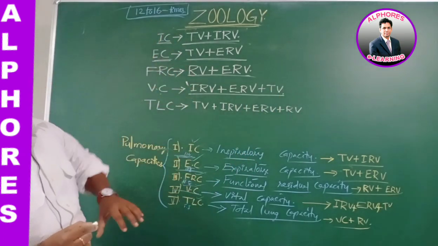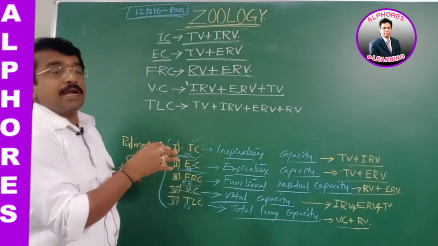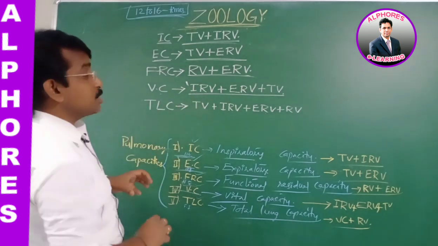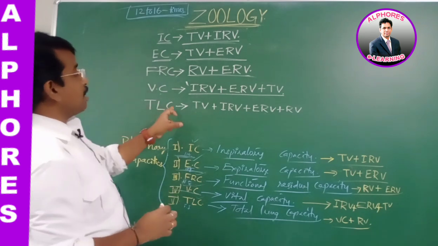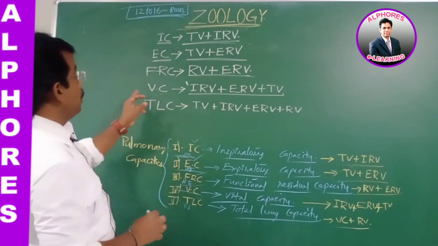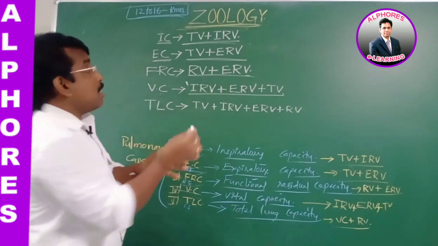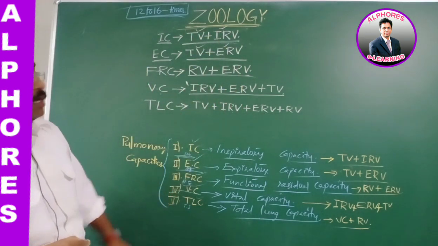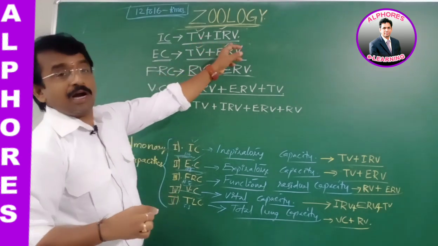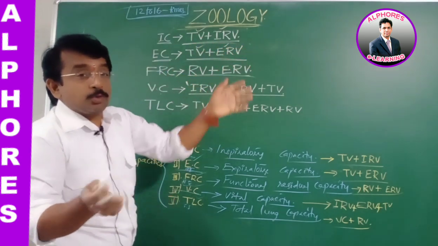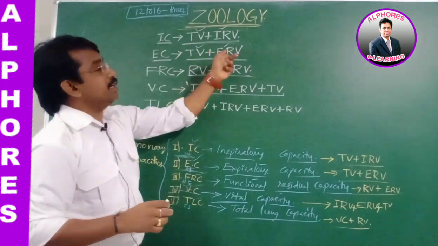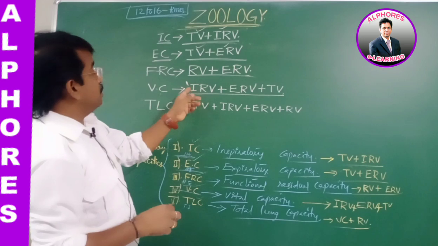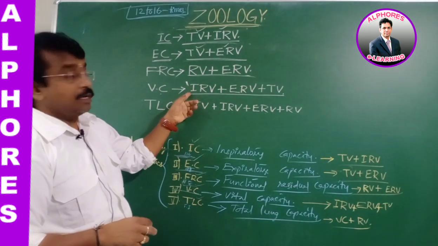Now let's see whether there are any changes in the calculations. Yes, for total lung capacity we see there are 2 or more combinations of the volumes. Here the tidal volume and the IRV are added, so 2 volumes here, TV and ERV, 2 volumes here, and 3 volumes in the case of vital capacity.